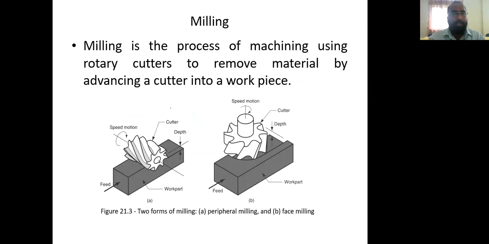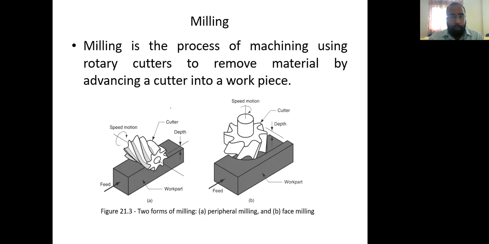Next one is milling operations. Milling is also a similar kind of operation when compared to drilling. Then what is the difference between drilling and milling? This is what I want to convey before starting with milling operations.